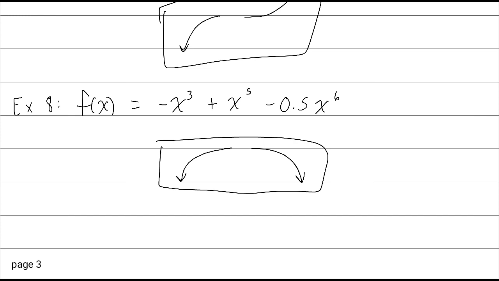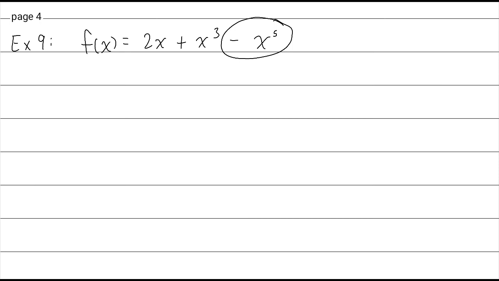Okay, let's do one more, and that'll be it for part 1. Okay, so the function f of x equals 2x plus x to the 3rd minus x to the 5th. Just like the last example here, my leading term is not listed first. I put it last.